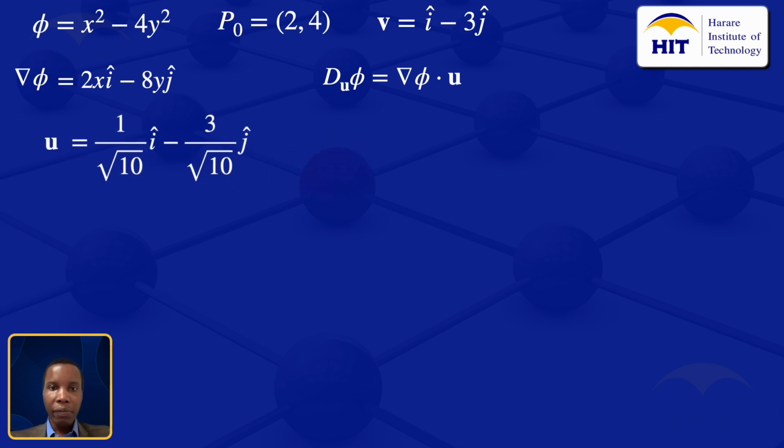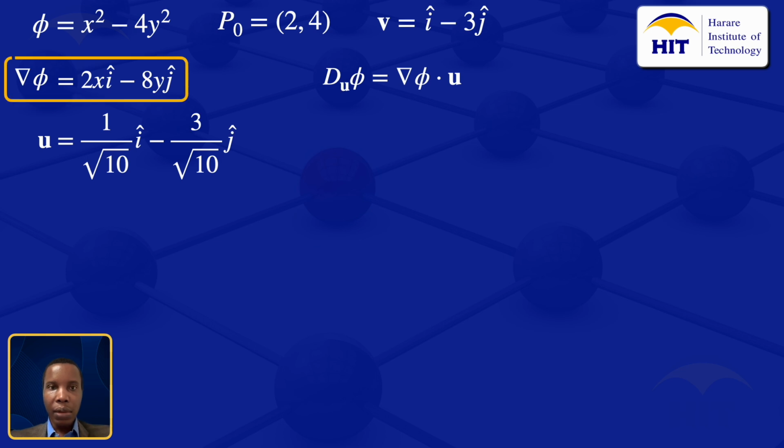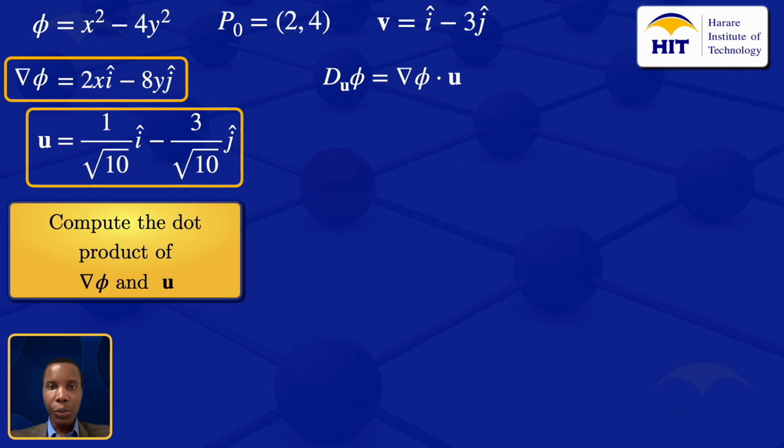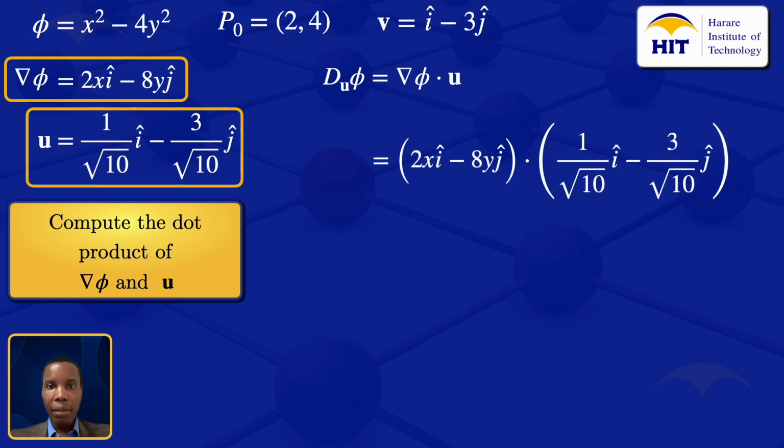And when we have found u, we can then go on and use it to evaluate our directional derivative. We have our grad phi there and we have our u here. Then we compute the dot product of grad phi and u as stated in this formula. So we put our grad phi, 2x i minus 8y j, and take the dot product with the unit vector.